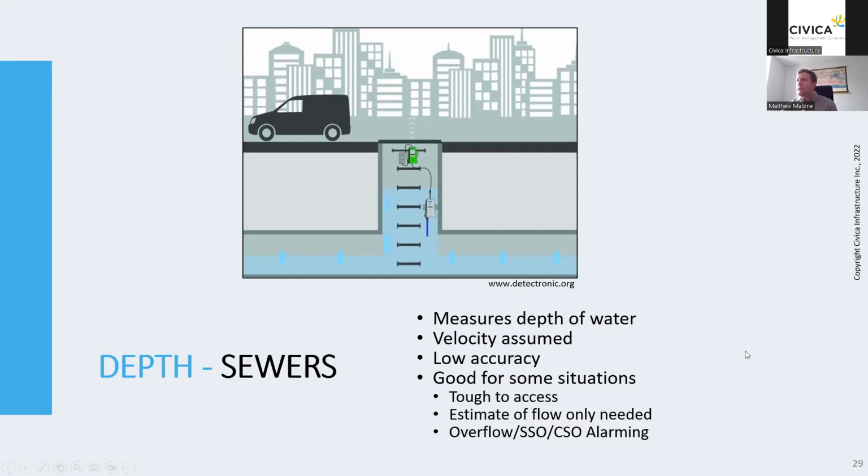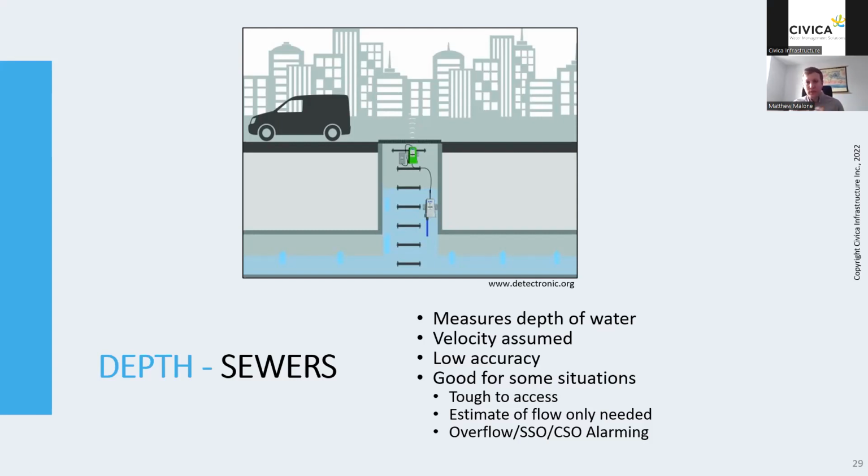So this is a situation here. This is a logger typically up top, and then your sensors down below. This would be something that you can just mount on the side of a manhole and look down, and it will measure the depth of the water or the depth of the flow in a pipe system, let's say. So these are just measuring one aspect of the flow, which is the depth.